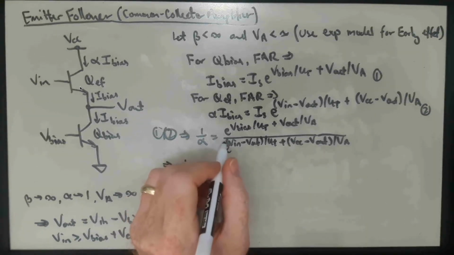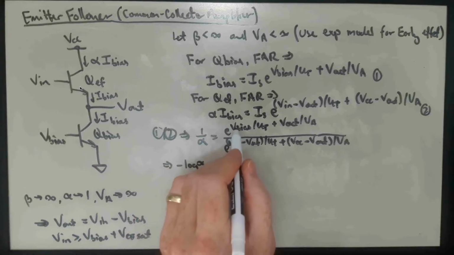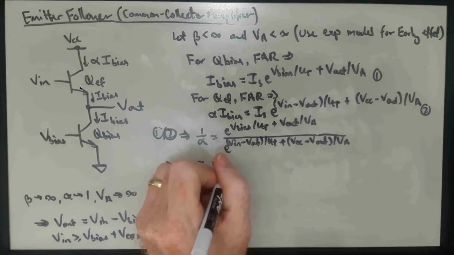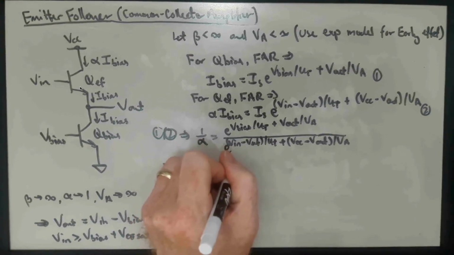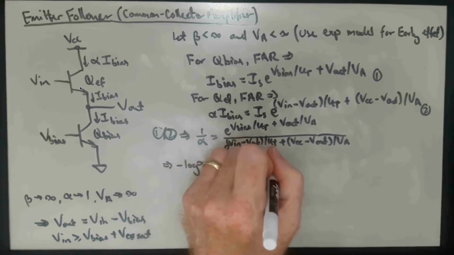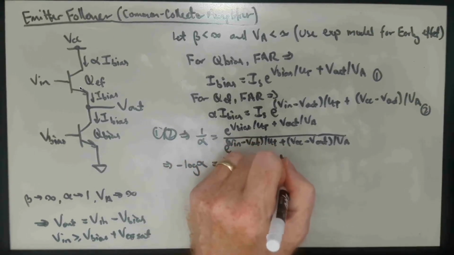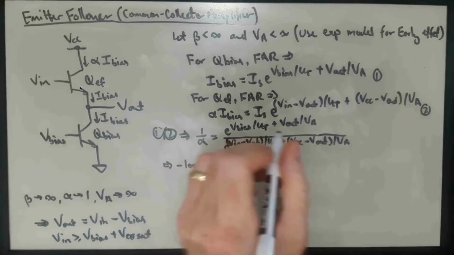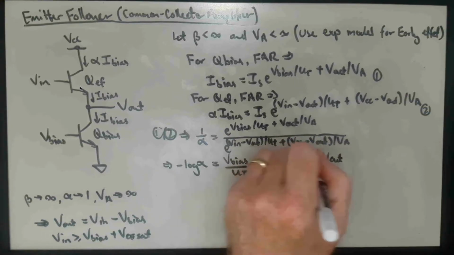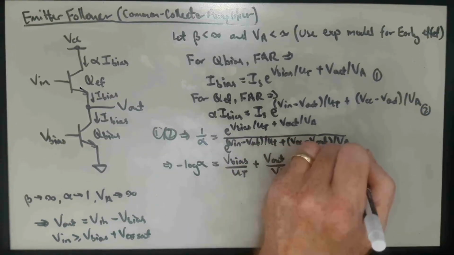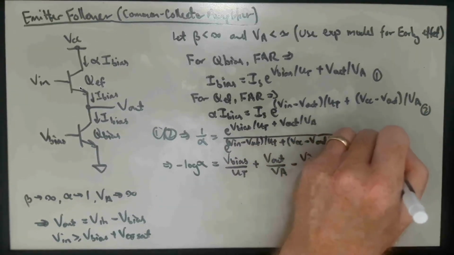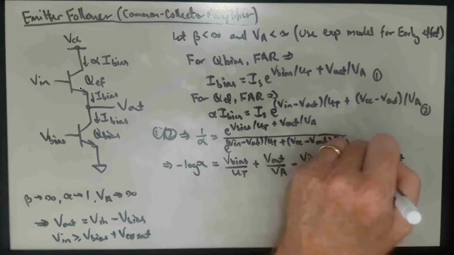And on the right hand side we're going to have basically just the argument of this exponential minus the argument of this exponential. So it's going to be V bias over UT plus V out over VA minus V in minus V out over UT minus VCC minus V out over VA.